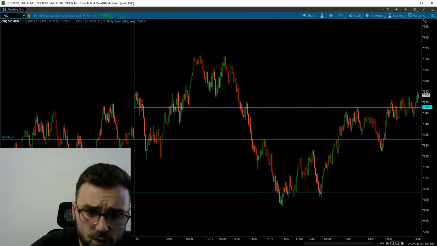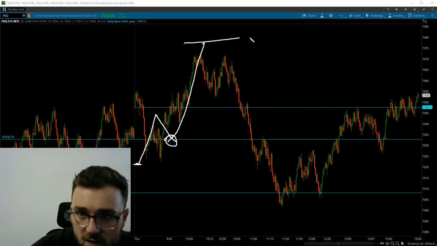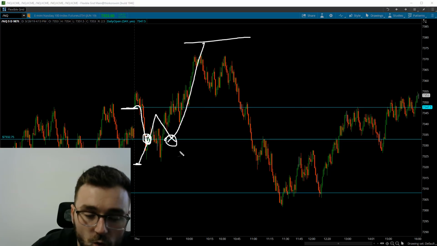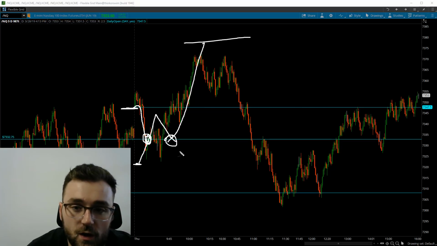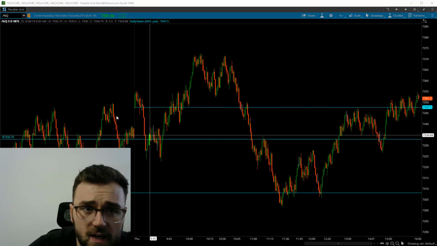Depending on where we open, if we open somewhere down in here, then I need to see a rally up through here, a pullback, and then we can get in somewhere in this area and ride this thing to the upside. Or like what we did here, if we open above this level, then I want to see a pullback here and then look to get long right around this 73.3275 level in the Nasdaq.